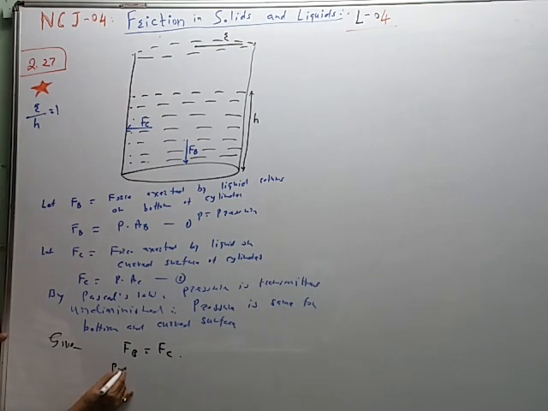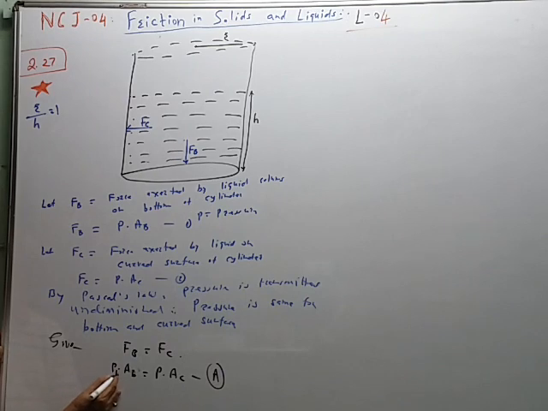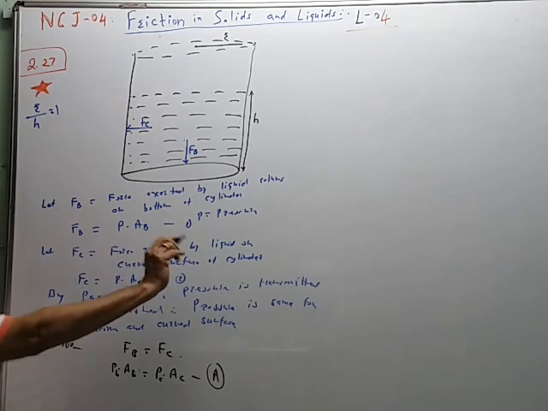So pressure multiplied by area of the bottom is equal to pressure multiplied by area of the curved surface. This is equation E. This is the pressure on bottom. This is the pressure on curved surface.